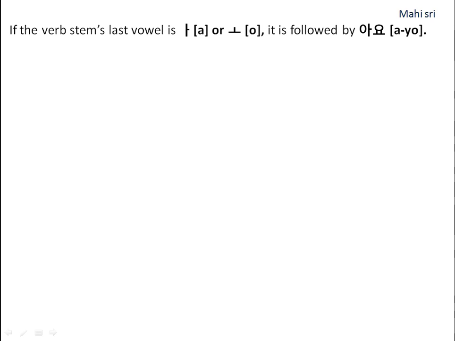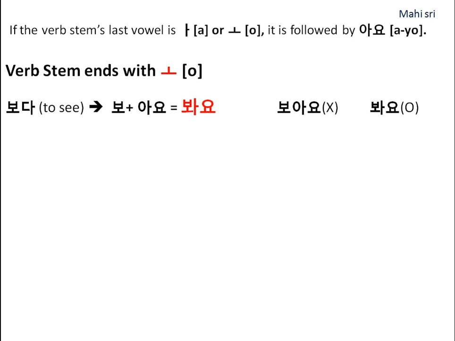And then let's see, when the verb stem's last vowel is o, like poda: po plus ayo is poayo. If you say poayo very fast, it becomes payo, so o plus a becomes the compound vowel wa. So payo. Got it?